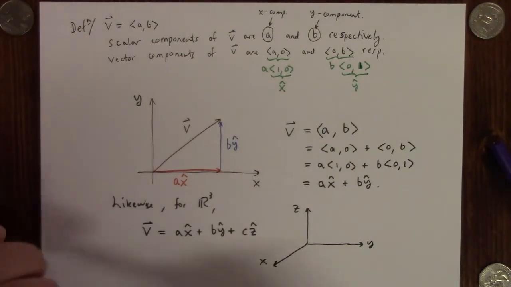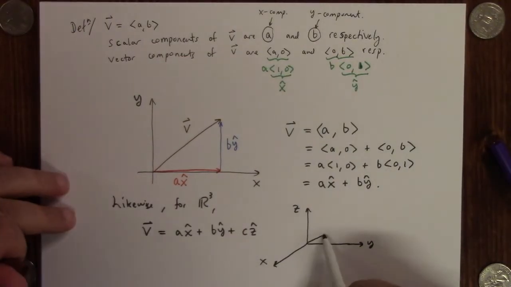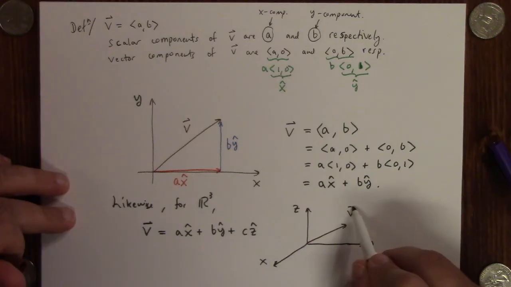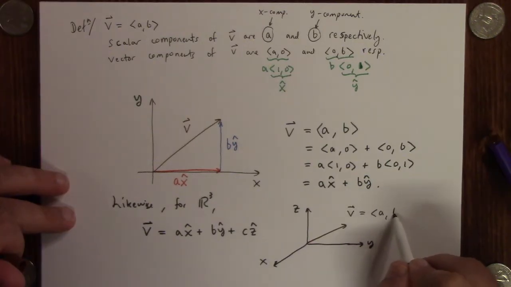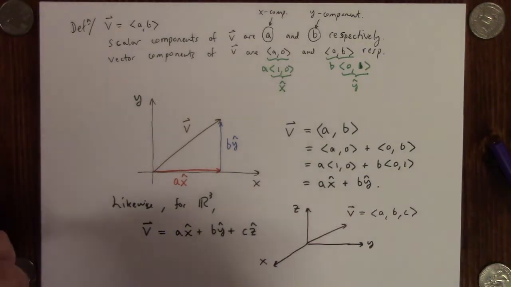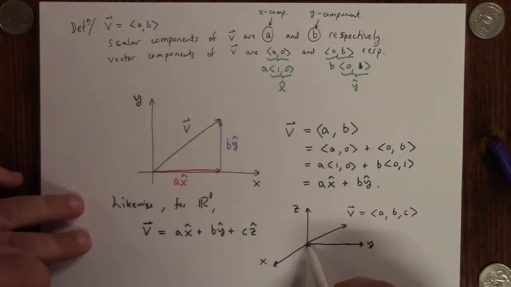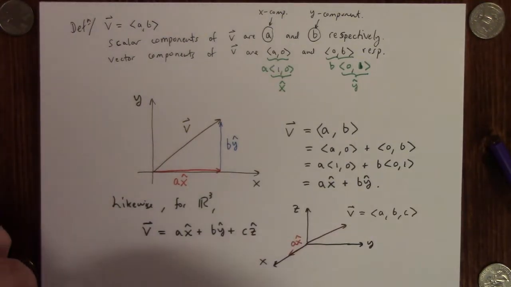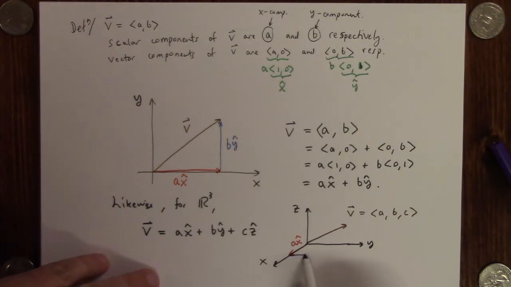So you've got a vector out from the origin, and I'll call it v again, and suppose it's (a, b, c) for the sake of discussion. Well, you can break that into three pieces, right? Like your a x hat, which is going to go along this direction, like so. And then you've got your b y hat piece, which I'll do in blue again. It should be something like this.